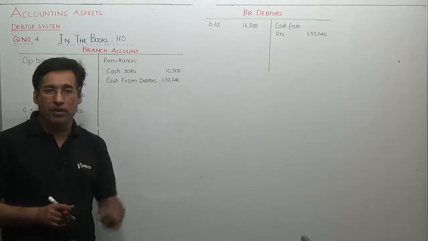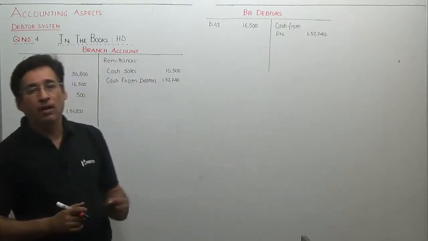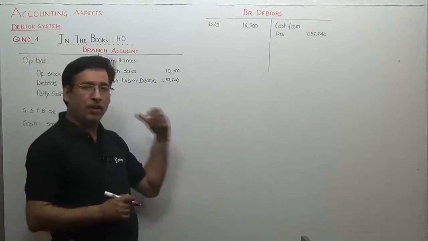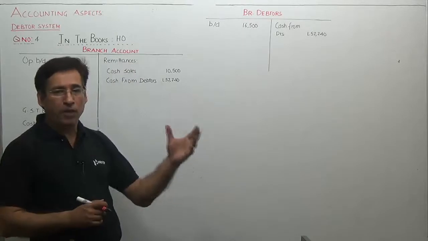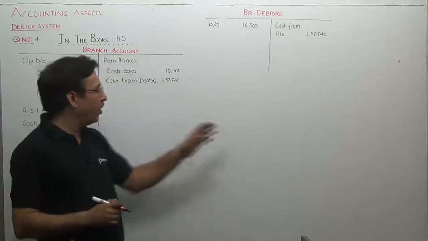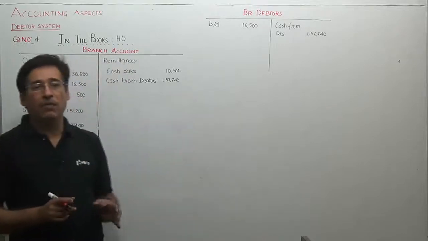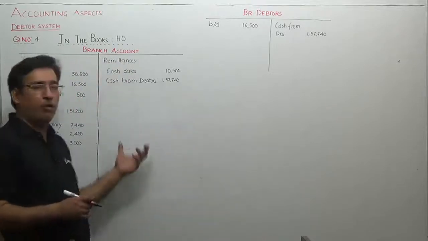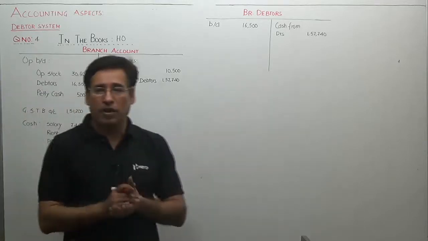Try to understand the point. If we are not preparing any real account, then I cannot write the depreciation. Similarly, if I am not preparing a petty cash account, which happens to be a real account, then I cannot write expenses directly under it. But at the same time, without bringing down the amount of expenses in this account, we shall not be able to find out our net profit.